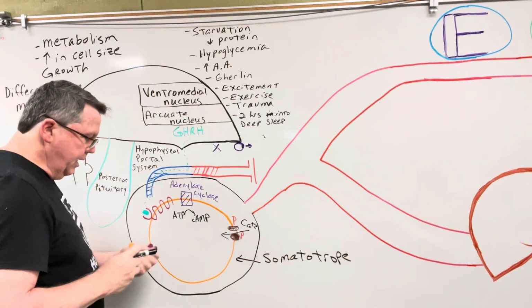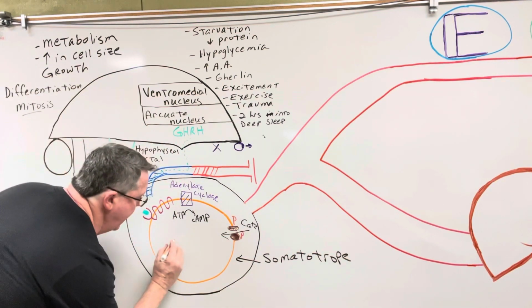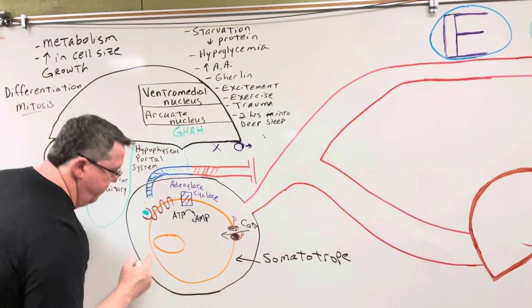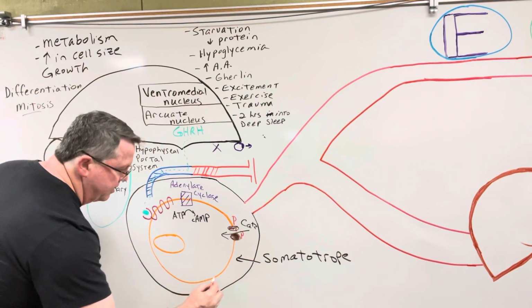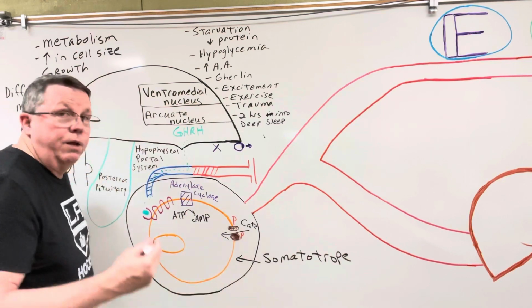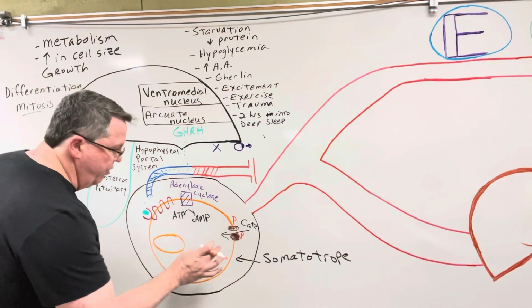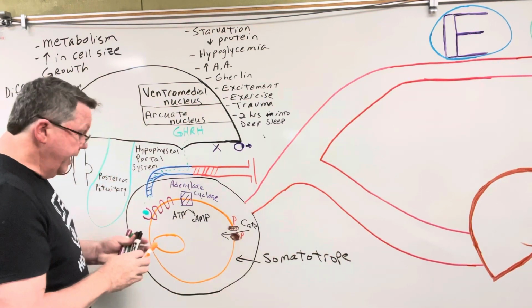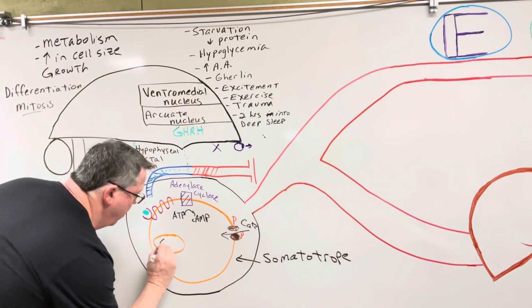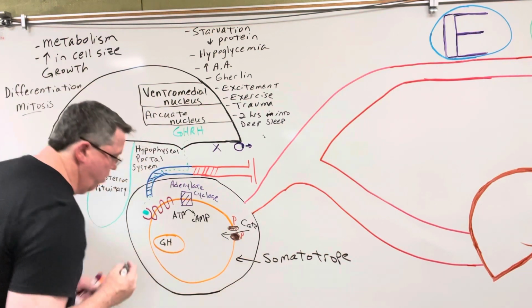Now on the inside of the somatotrope, I am going to have vesicles. And if you notice, the vesicles are the same color as the somatotrope cell membrane because vesicles are basically made up of the same thing that cell membranes are. And inside this vesicle, I am going to have growth hormone.